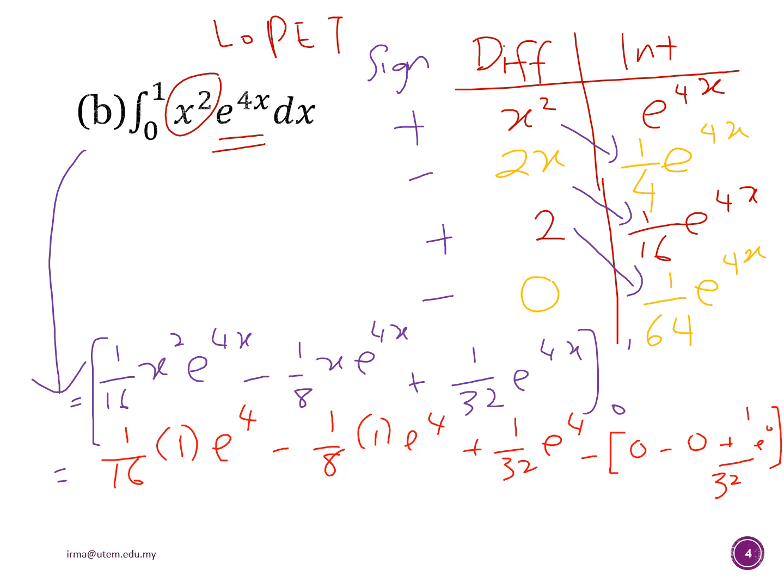Don't forget that e to the 0 is 1. So you'll get the final answer, which is 1 over 4 e to the 4 minus 1 over 8 e to the 4, plus 1 over 32 e to the 4 minus 1 over 32. So you can simplify it.